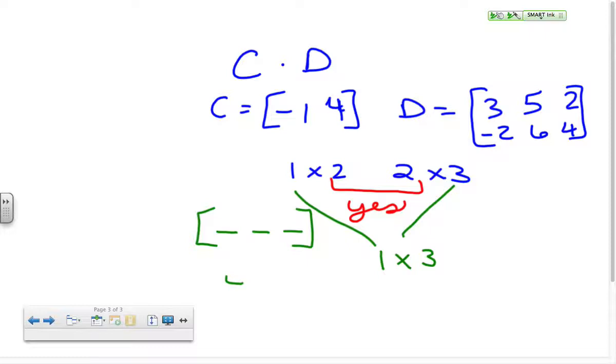Now, we're not going to do that right now because I want to go to an example that's a little more clear on what's going on when we multiply. So, let's do an example. I'm going to do some color coding a little bit here to help you see this.